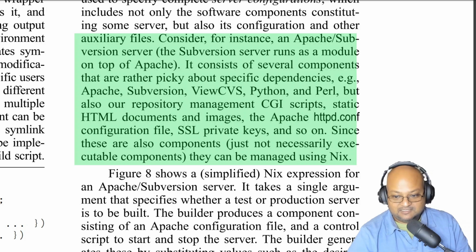In fact, this is today one of the core selling propositions of NixOS. This ability to capture the configuration of the entire system in one config file, configuration.nix, and then be able to reproduce it across many machines.